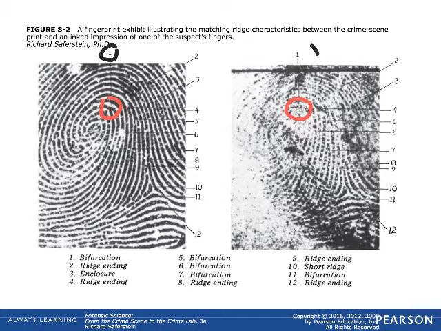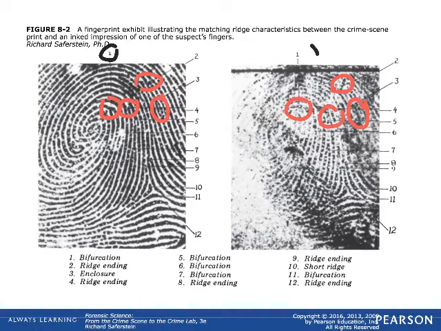Number 2 is a ridge ending, so you can see where it stops. 3 is an enclosure, so there's an enclosure, there's an enclosure. 4 is another ending, and they match on both diagrams. 5, 6, 7, those are all bifurcations, places where they split, and they match.